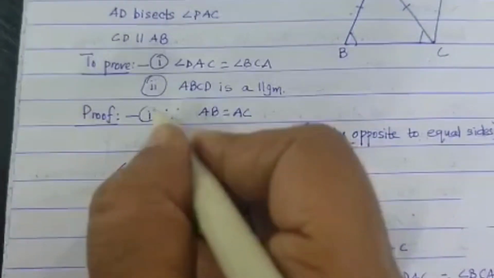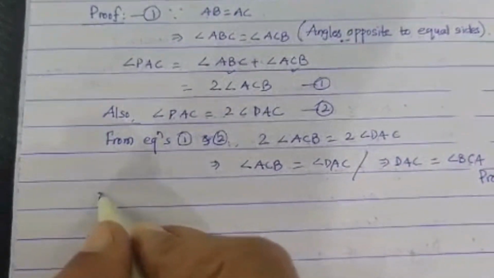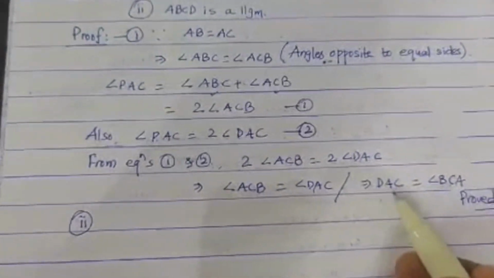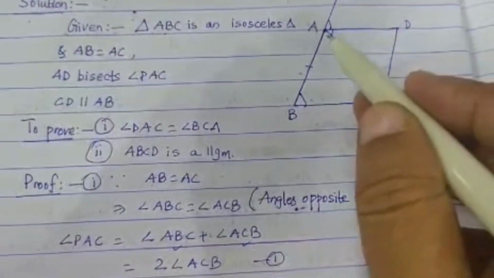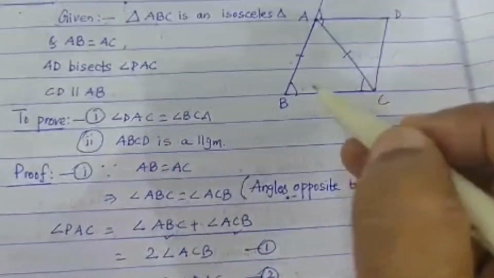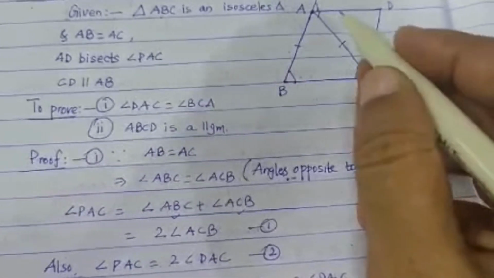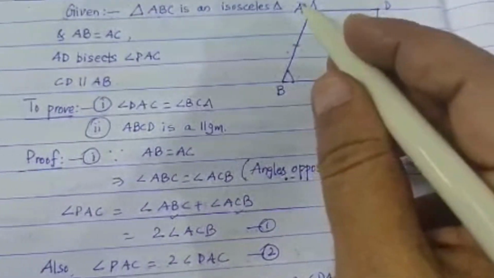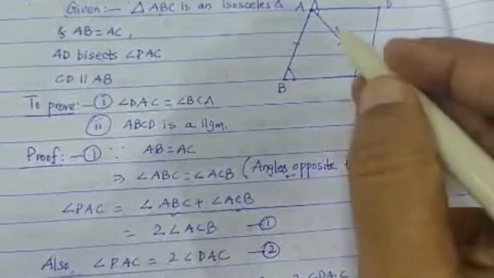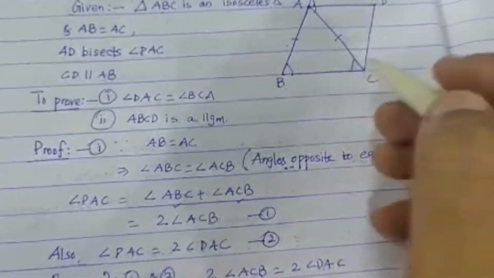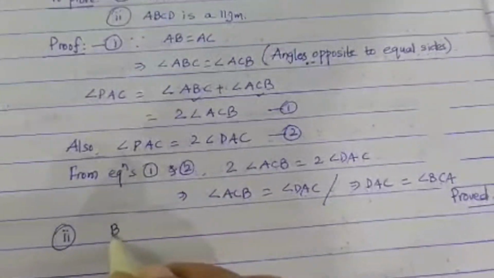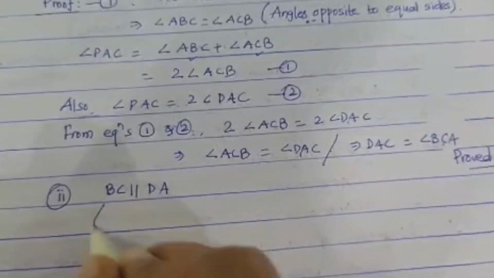So this first one is done. Second one, we have to show that ABCD is a parallelogram. Now angle DAC is equal to angle BCA or ACB. This is only possible when these two lines are parallel, BC parallel to AD. Then and only then will this transversal make the alternate interior angles equal. So we can directly write that BC is parallel to AD. Why?